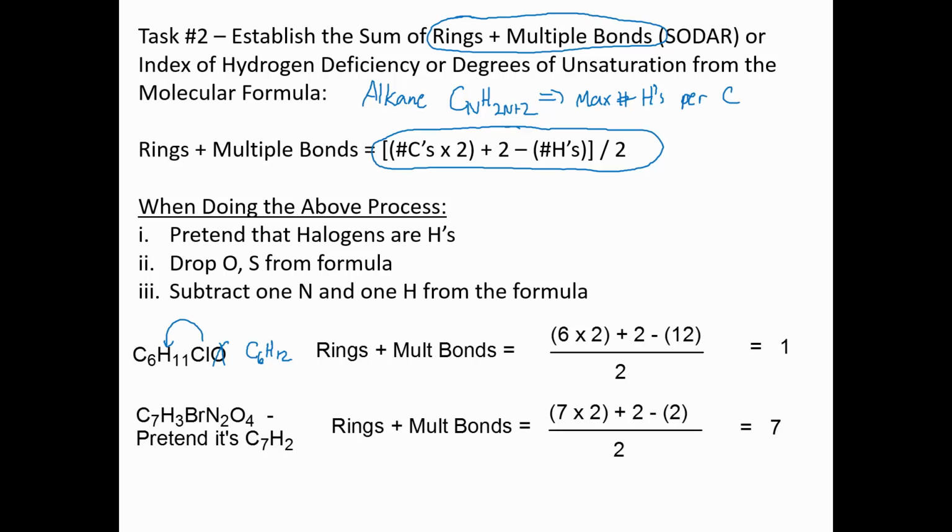Okay, let's look at this more complex formula. What do we do here? We're going to pretend the oxygens aren't there, and pretend that the bromine is actually a hydrogen, so there's 4 hydrogens, no bromines in our pretend molecule. And for each nitrogen, we're going to subtract one nitrogen and one hydrogen from the formula.